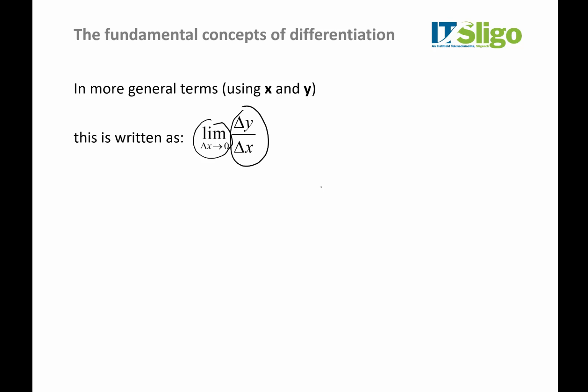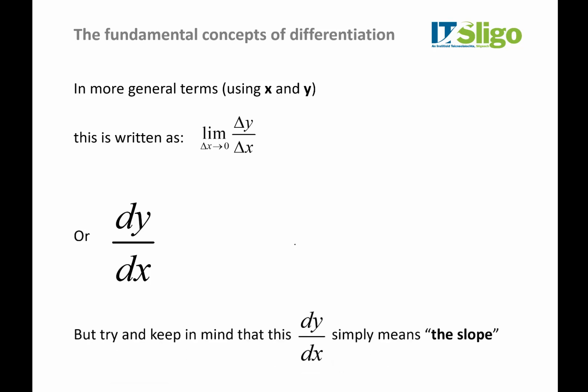And again, our output is y, our input is x, so the instantaneous slope is more usually called dy dx. So whenever you see dy dx, guys, don't let it put you off. It simply means the slope of the curve, but it's the instantaneous slope, which is very, very powerful. Dy dx simply means the slope, but in particular the instantaneous slope.